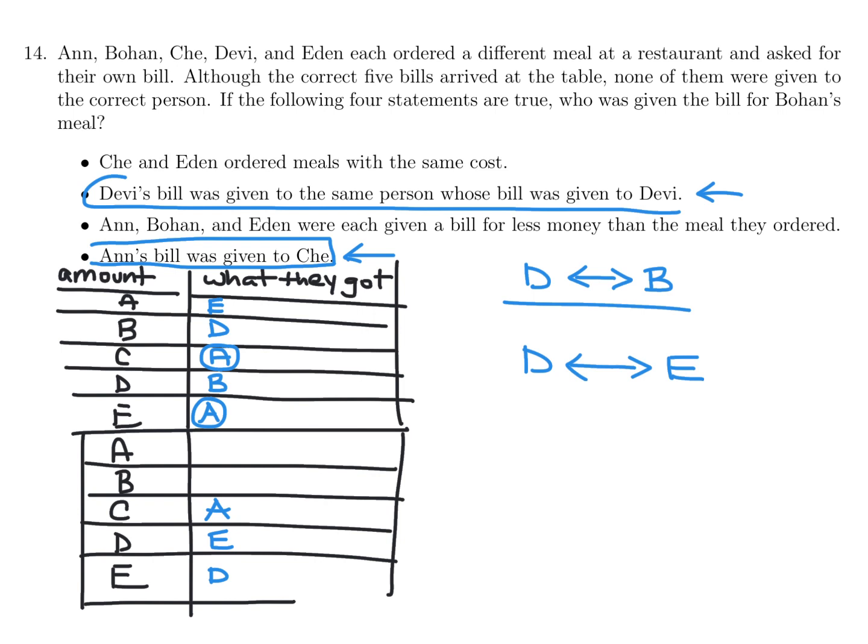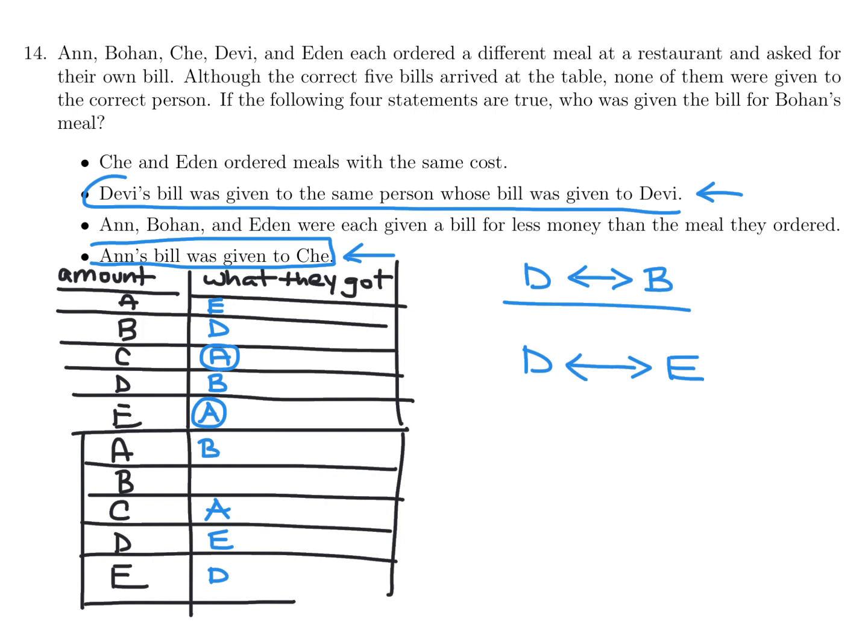Let me think about this. So we are figuring out how to allot what goes to A and B. Now, A can't get A, and A's already been allotted. So the only place B can go is here, because B can't get B.